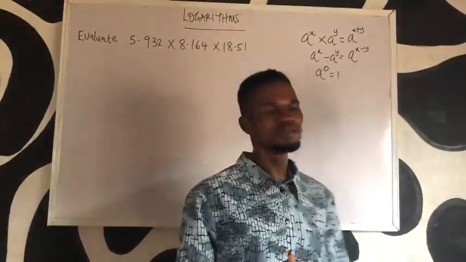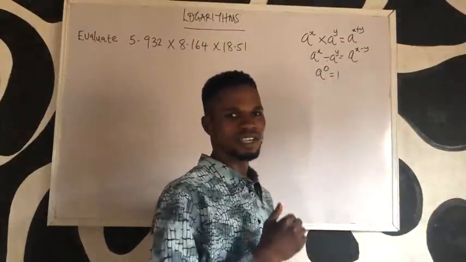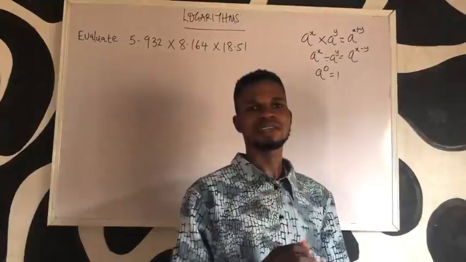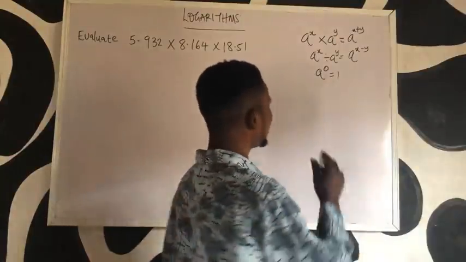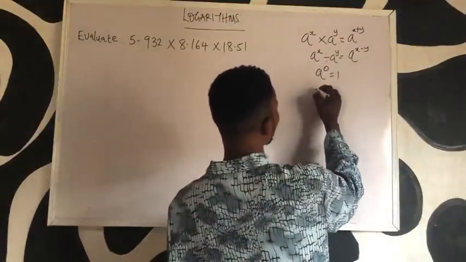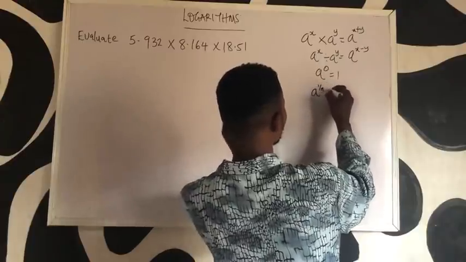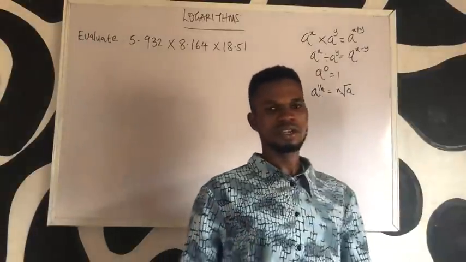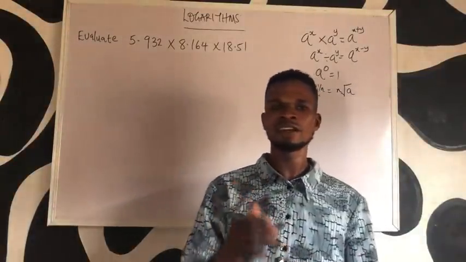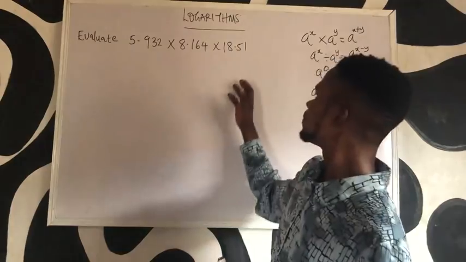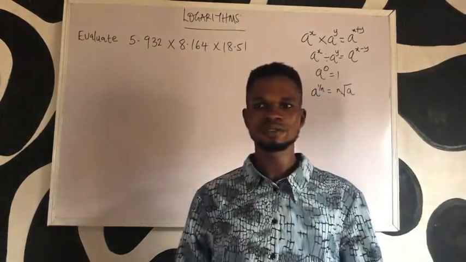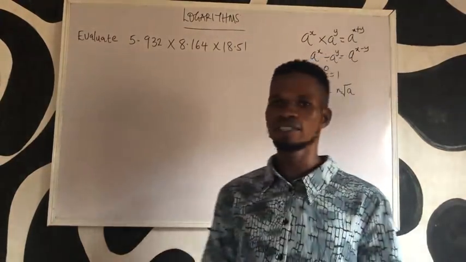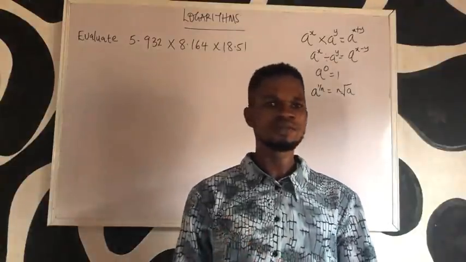That's why when you punch your calculator, 0 raised to power 0, you see math error. Another one is nth root: a raised to power 1 over n is the nth root of a. So constructing the logarithm table depends on the application of the law of indices.